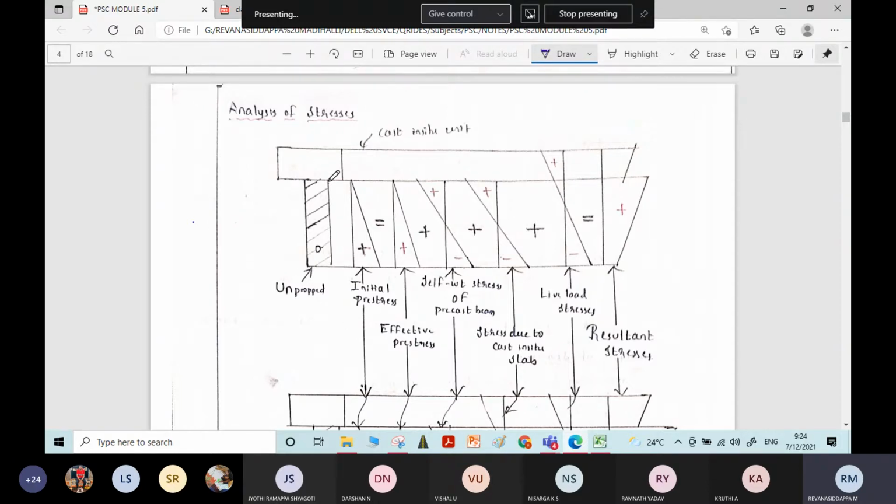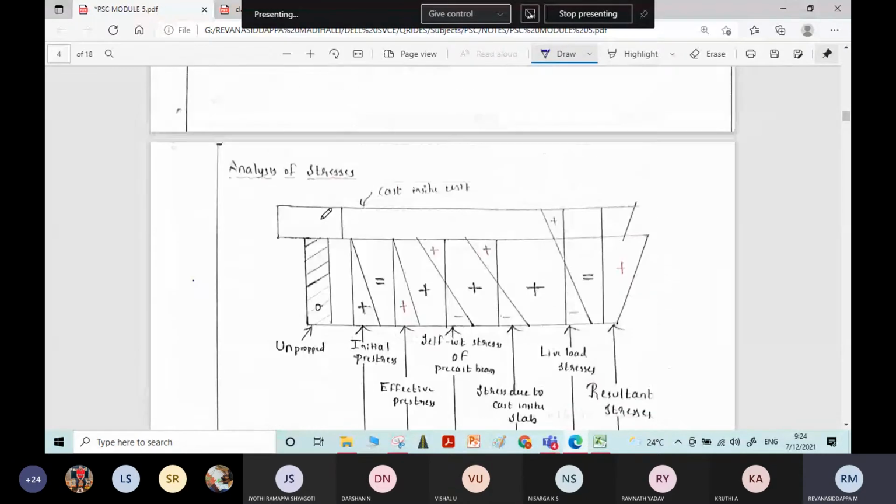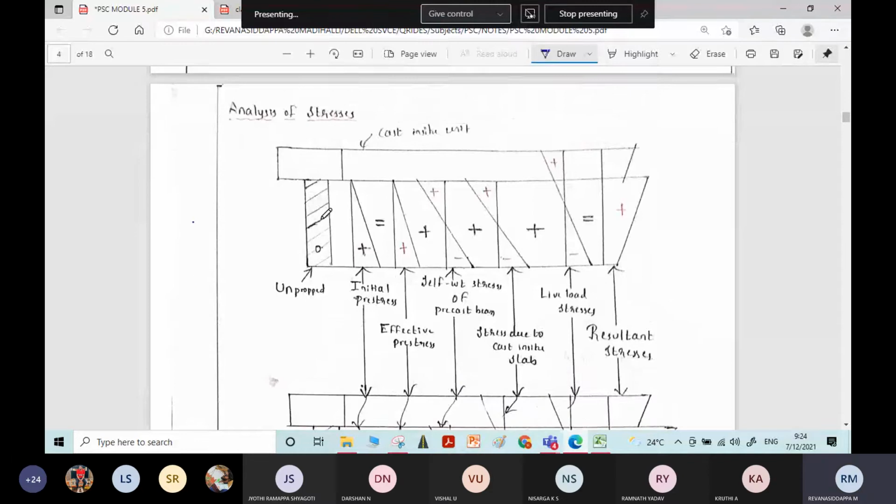In this the composite member will not behave monolithically. Load transfer will be from slab to the beam. Here it will act as a monolithic element. In your problems there will be a composite section given, and over that he will give some live load. First we will concentrate on this beam or the rectangular section.